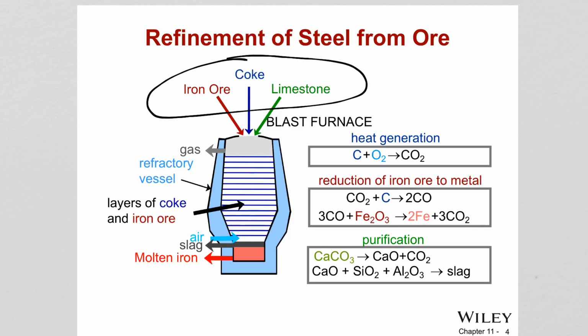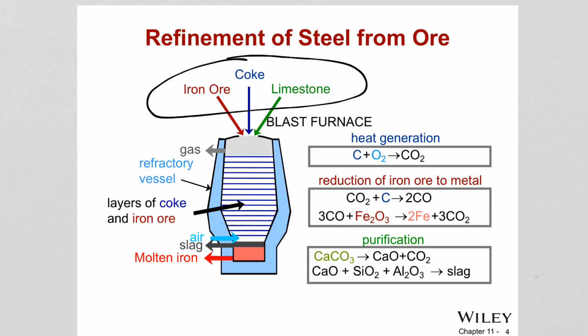These ingredients are added to a blast furnace. A blast furnace is a furnace where very high temperatures are achieved for the chemical reactions to take place. As you can see, it is within a refractory vessel. Refractory means a vessel that can withstand very high temperatures.